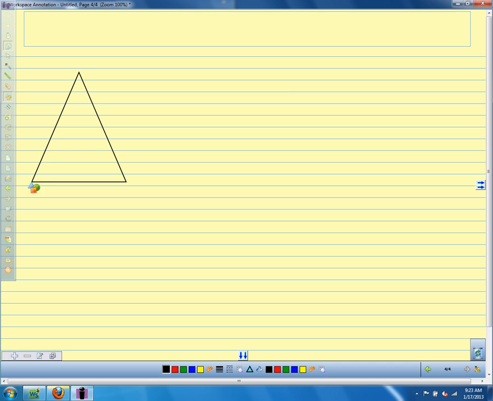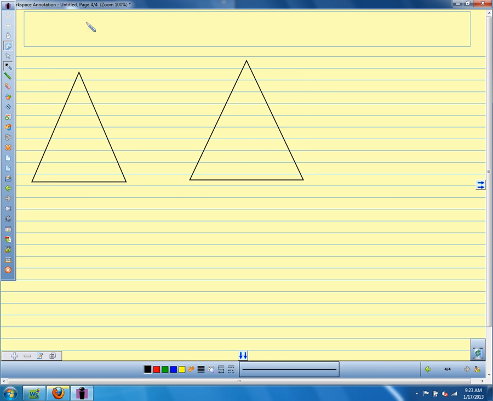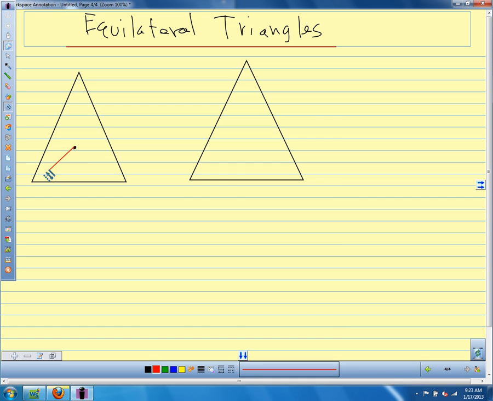Let me draw a couple of equilateral triangles here. So if I draw the radius and the apothem of an equilateral triangle, like so, this is a 30, 60, 90 triangle.